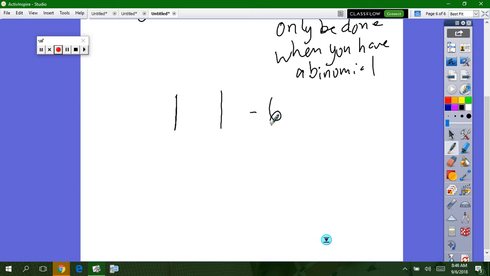So, what I would like you to do, and I'm going to explain this in just a minute, draw a bar down. Go over and down. It might not look exactly the same way as your book, and some other teachers might show it slightly different, but this is how I show it. Okay? What was the binomial that we're dividing by? X plus 3. What's the value that makes it 0?